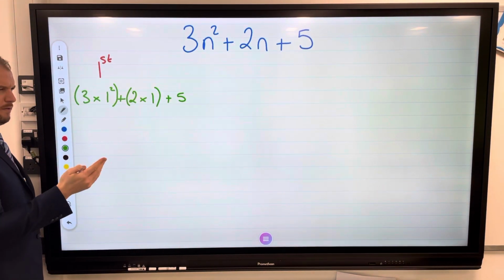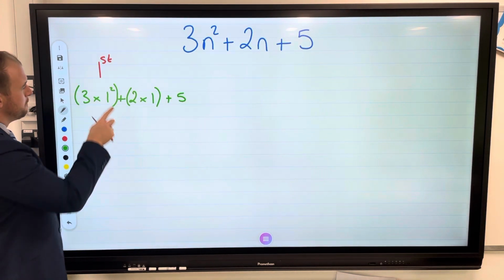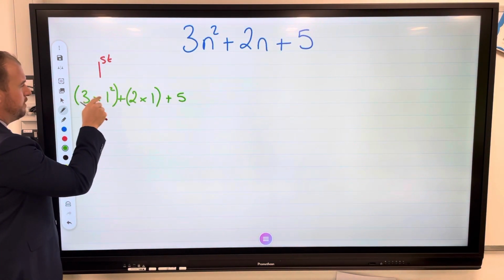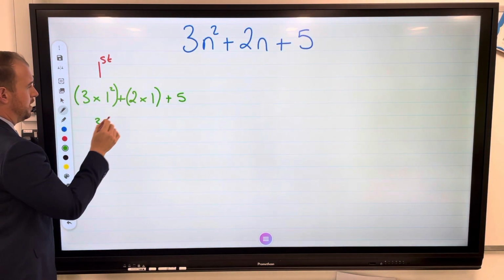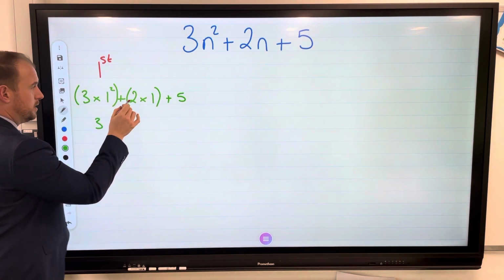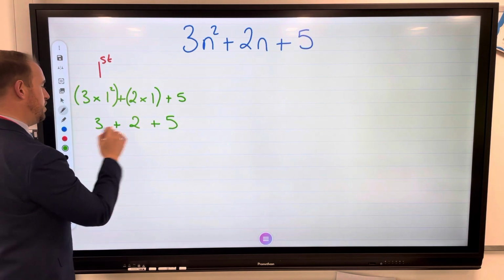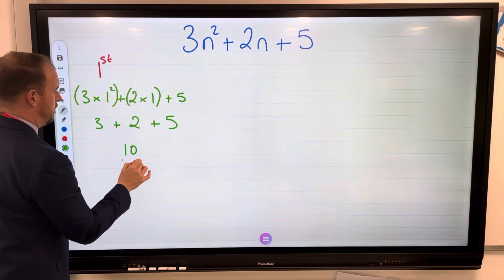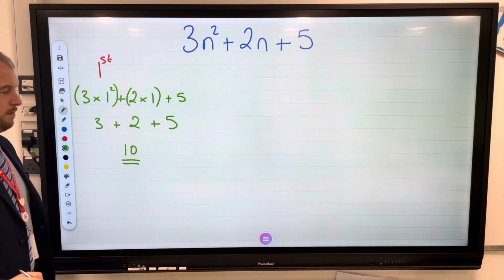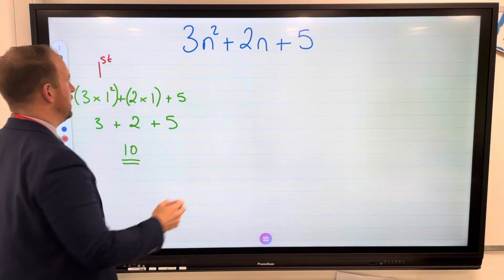Okay, so now I've got like a BODMAS or BIDMAS question. Well, 1 squared is 1, 3 times 1 is 3, plus 2 times 1 is 2, plus 5, which is 10. So our first term is 10.